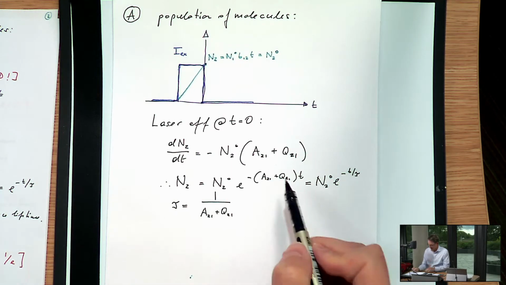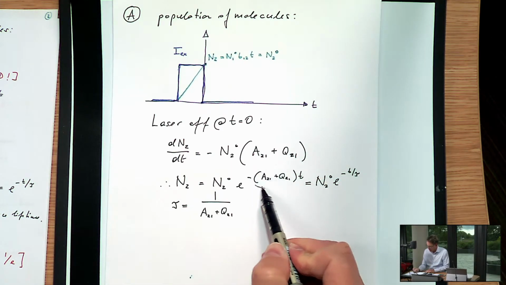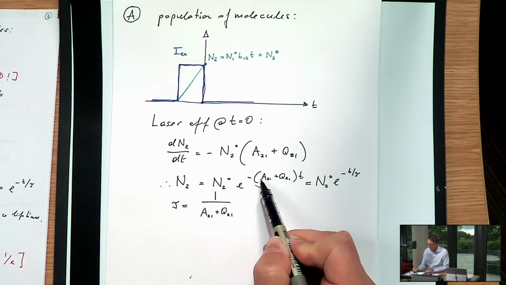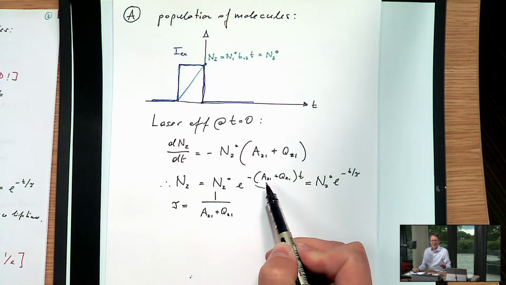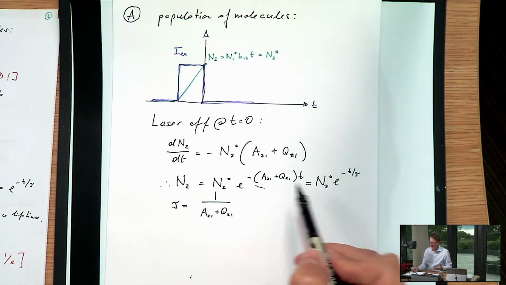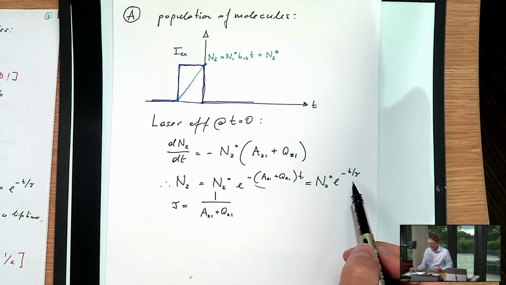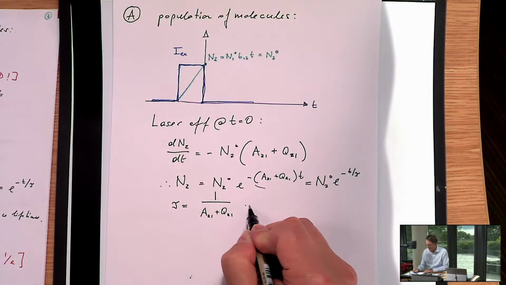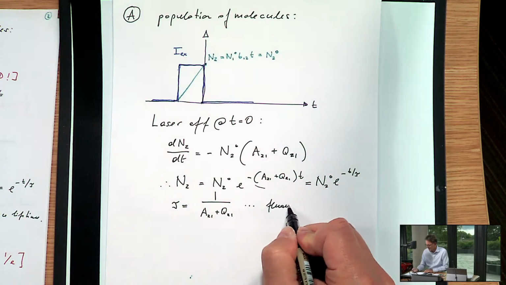So the way we've written this is we've defined tau in terms of these rates, A21 plus Q21. So tau is the inverse of these rates. Rate has units of per seconds, so the lifetime has units of seconds. And so that is what we now recognize from the previous lecture as the fluorescence lifetime.